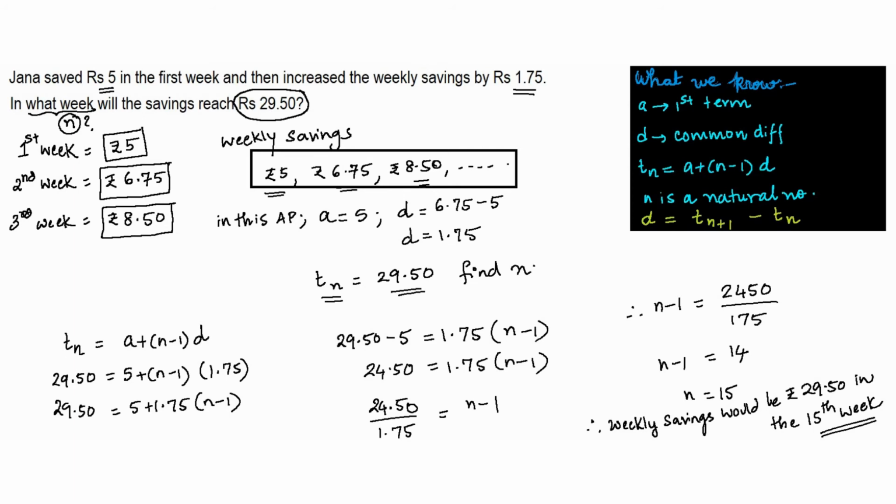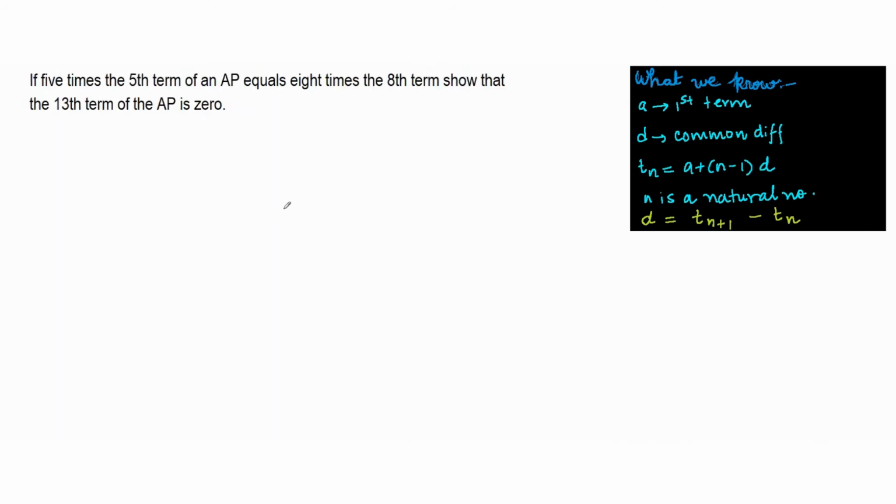Moving on to the next question. If 5 times the fifth term of an AP equals 8 times the 8th term, then show that the 13th term of the AP is equal to 0. Okay, so let's note down what is given.